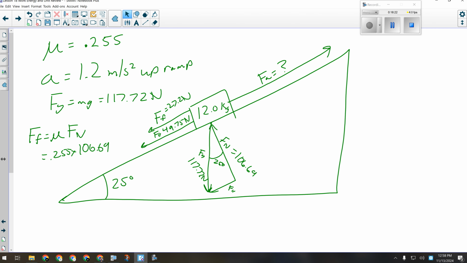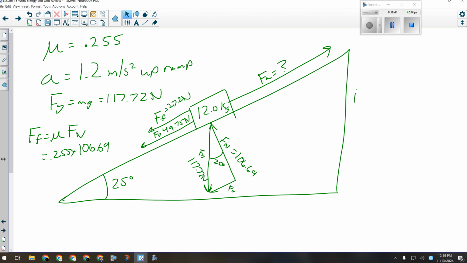What's the other thing I could calculate that I could have calculated right from the beginning and didn't for whatever reason? Yeah, the net force. I need the net force.